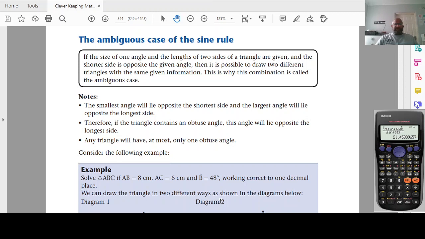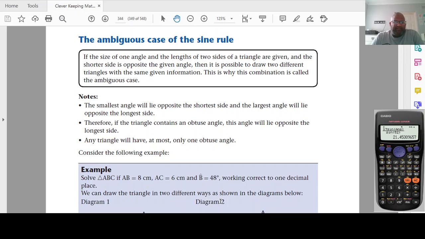Okay, so now we're looking at the ambiguous case of the sine rule. We are told that if the size of one angle and the length of two sides of the triangle is given, and the shortest side is opposite the given angle, then it is possible to draw two different triangles with the same given information.